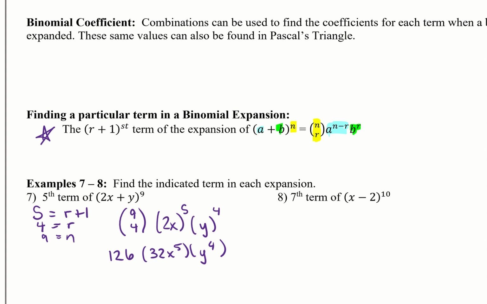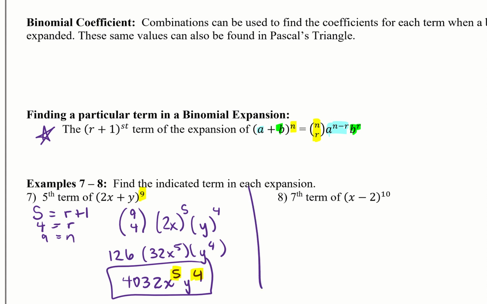So I would definitely want to use my calculator to help with that. So I end up with 4,032 as the coefficient, x to the 5th, and y to the 4th. By the way, something that is helpful is that these powers should always add up to the degree of 9. So pause the video. You try number 8.